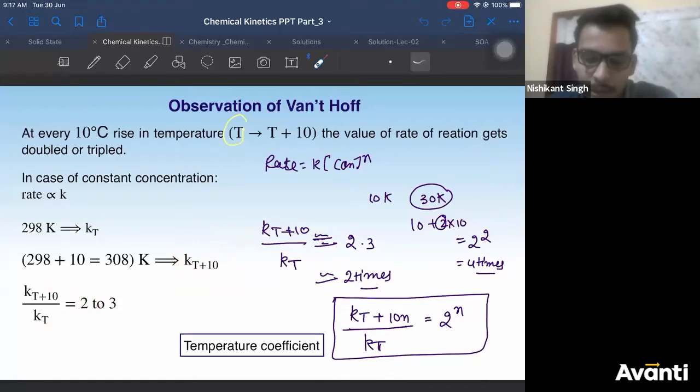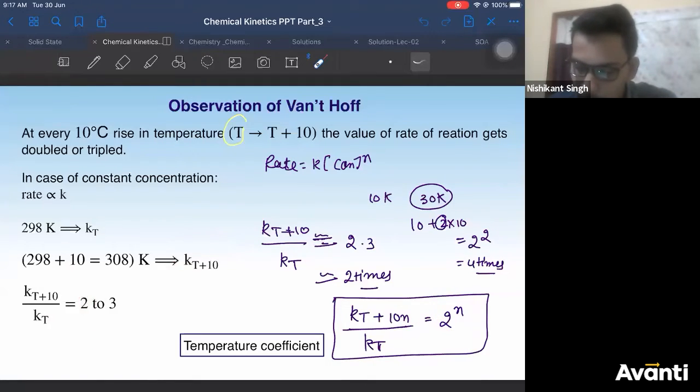I gave you a general formula: if you increase the temperature by n times 10, the rate of reaction will increase by 2 to the power n.